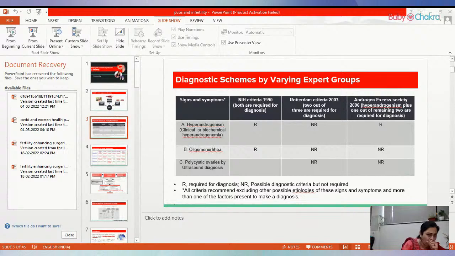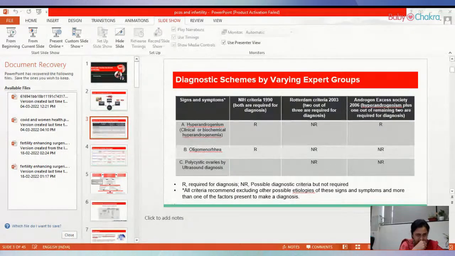According to the woman's stage of life, there is fetal programming, then insulin resistance and adipose tissue dysfunction. Then at adolescent and young age, weight excess leads to hyperandrogenism and hirsutism.